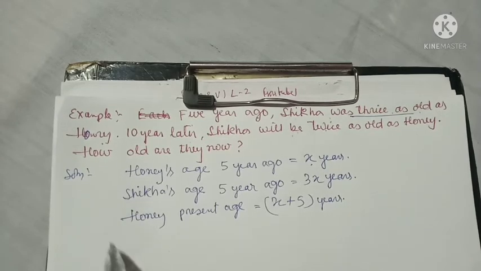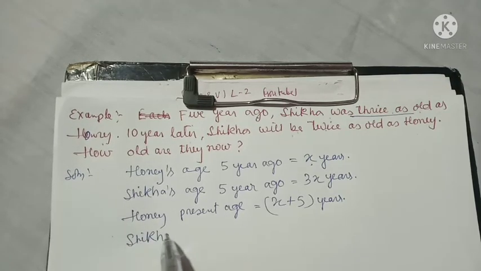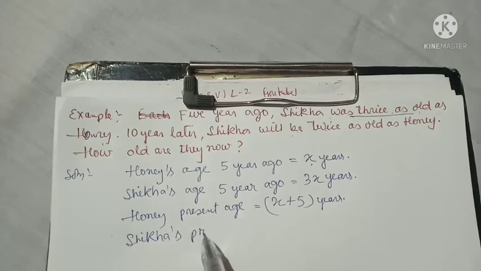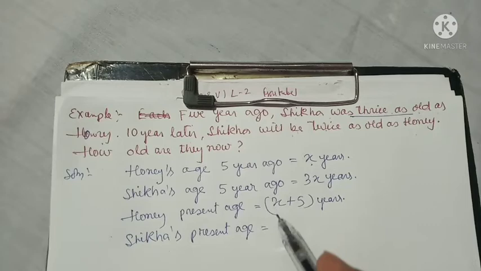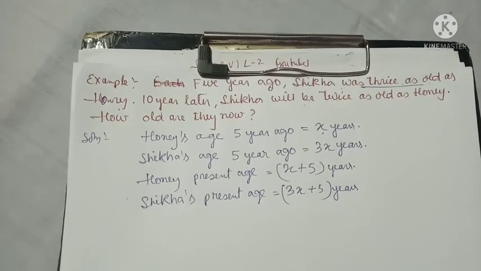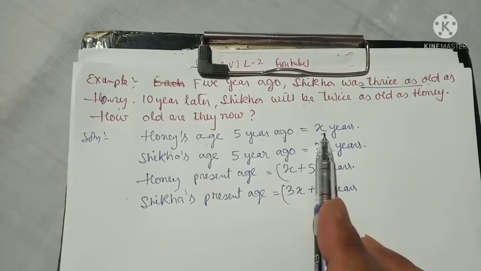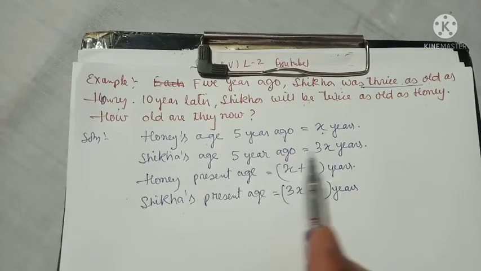And again, the present age of Sikha will be what? 3x plus 5 years. Honey's age 5 years ago is x, Sikha's age 5 years ago is 3x.